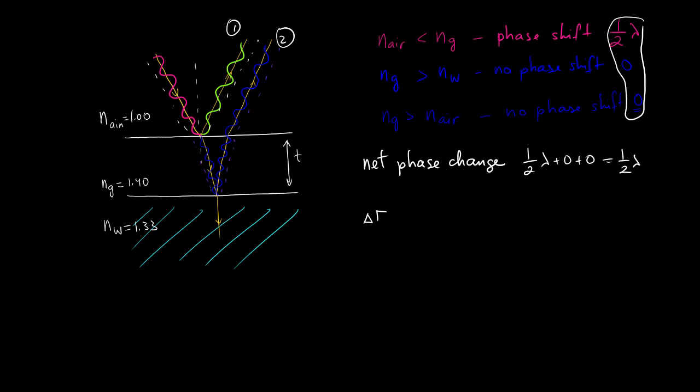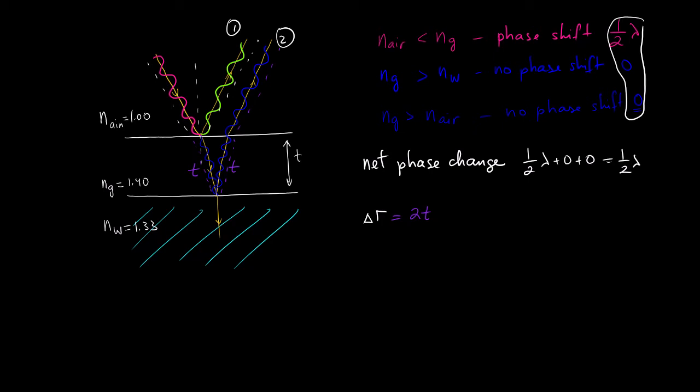So the difference would be an extra 2t distance. Let me write it here, t and then t here. So it would be 2t, the difference between the path lengths of these two waves.